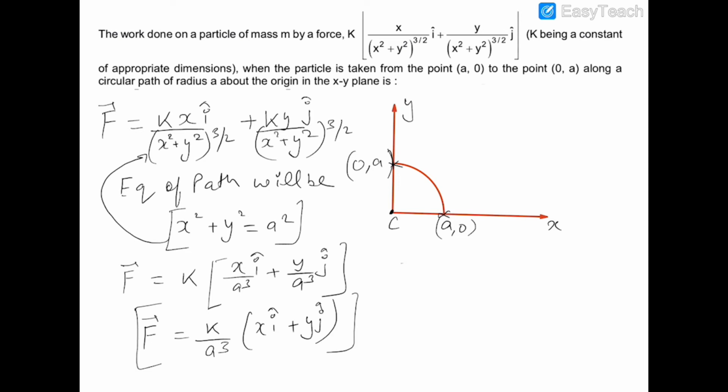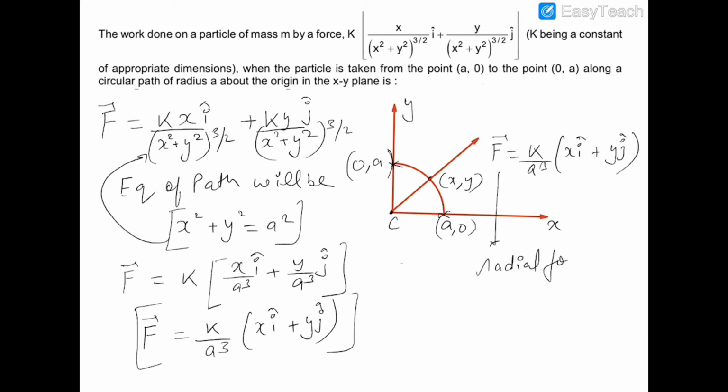Now if we point out a point which has coordinates x comma y, this force vector will be pointing like that, k by a cube x i cap plus y j cap, and hence this is a radial force.